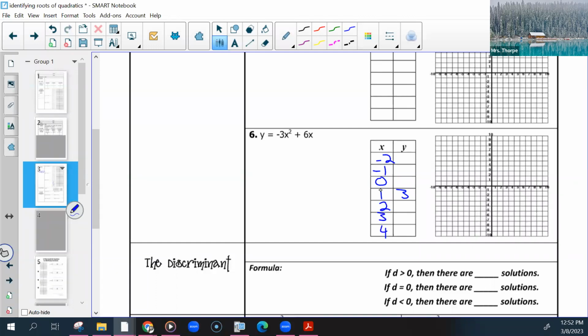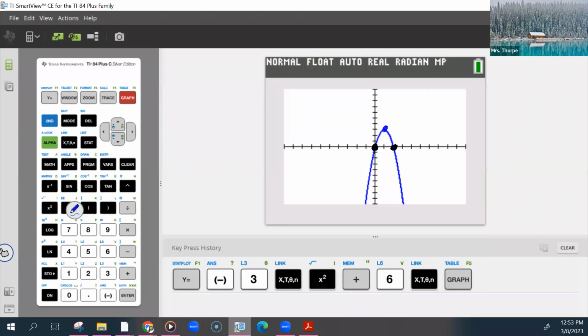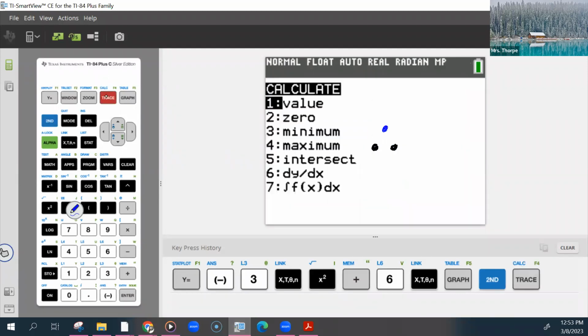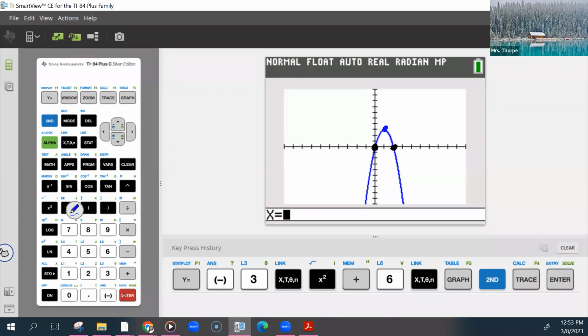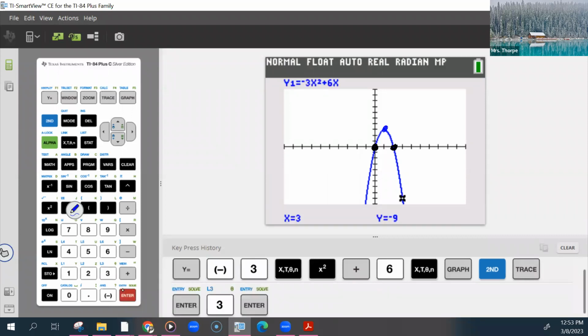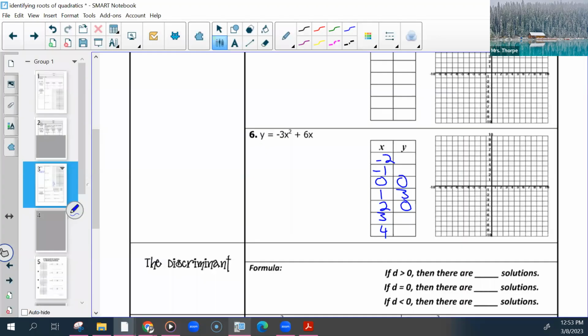We know at 0 and 2, those y values are both 0. Then to find the y values of the other 2, you can use 3 or 4 or -1 and -2. So if you go into second trace and find your value, you can put in any of those 4 numbers. So I'm going to put in 3. And it should tell you what your y value is, -9. And that's going to repeat at -1.